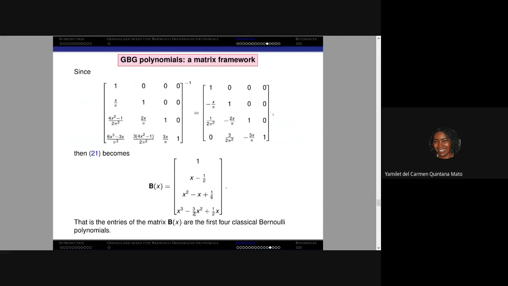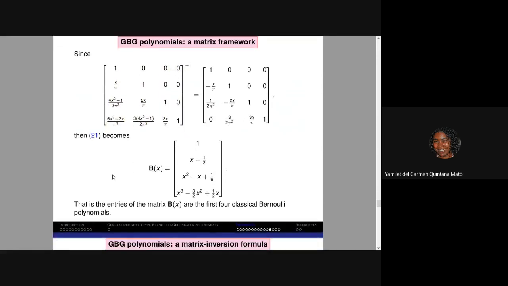Since we know the inverse of this matrix, then we can recover the explicit expression for the first classical Bernoulli polynomials.